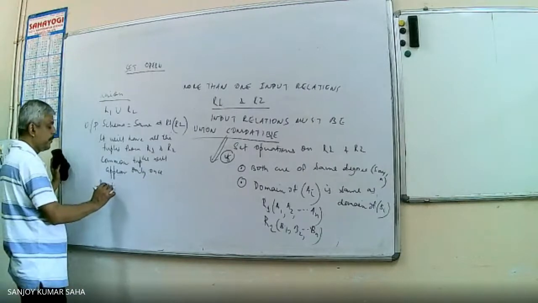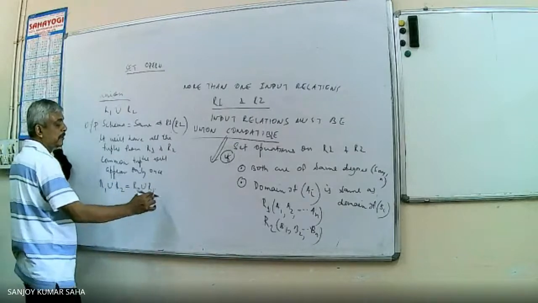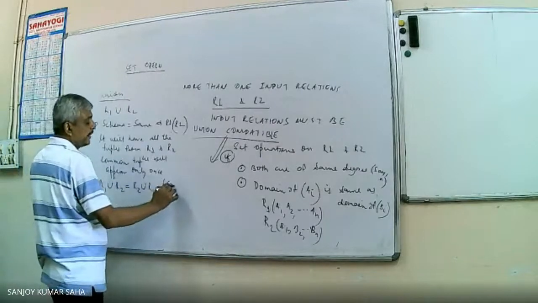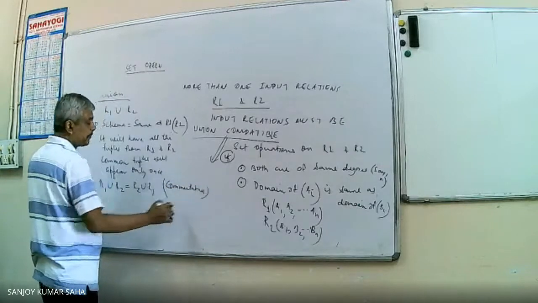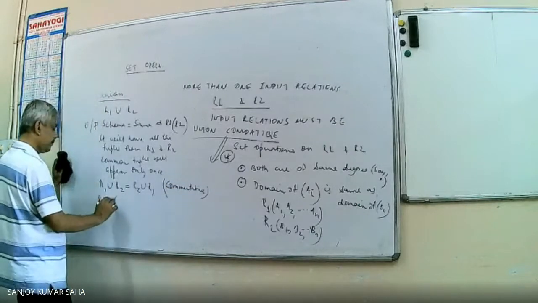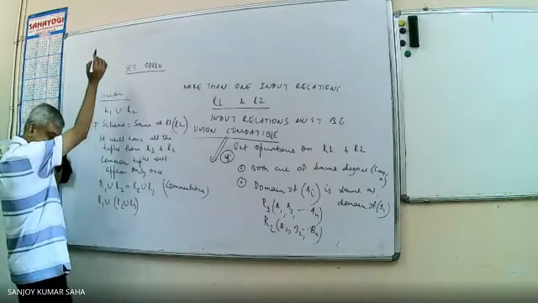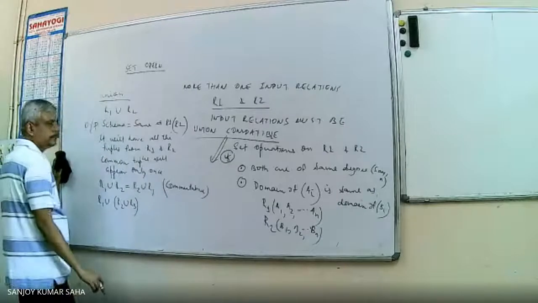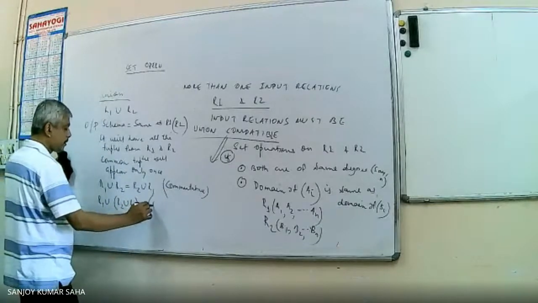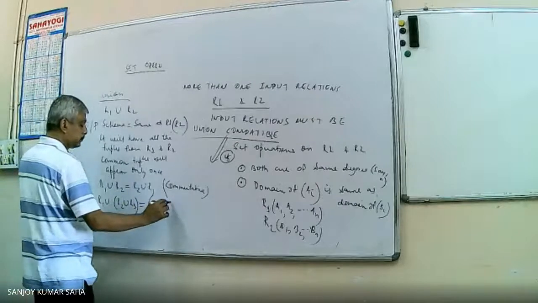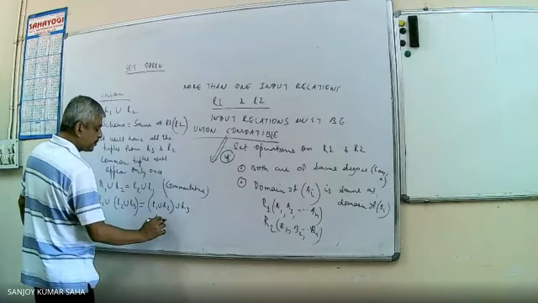Now see, R1 union R2 is the same as R2 union R1, so this is commutative. And this is associative.